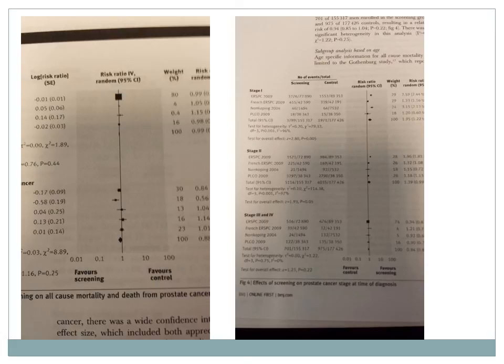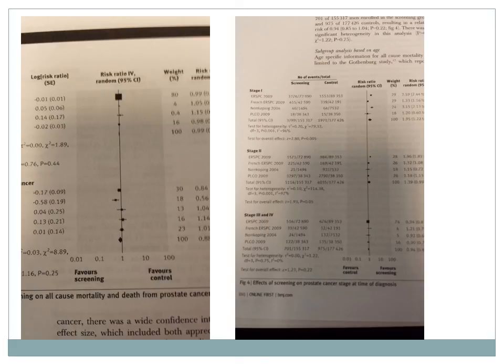So there are 2 of these graphs, like the ones you saw in the breast cancer article. The one on the left looks at the effect of screening on all-cause mortality and also death from prostate cancer. And you can see that most of the studies were fairly neutral on this. I should also mention that the size of the box has to do with the number of participants in the trial.